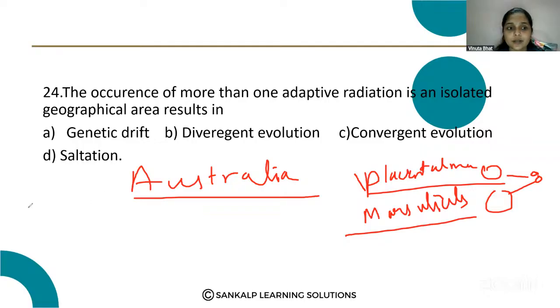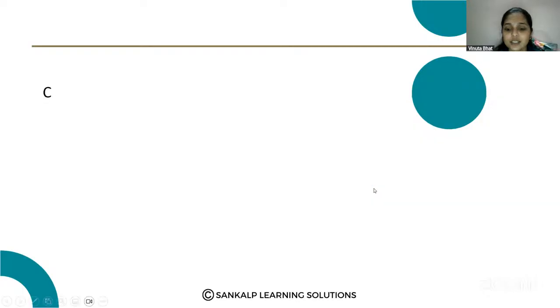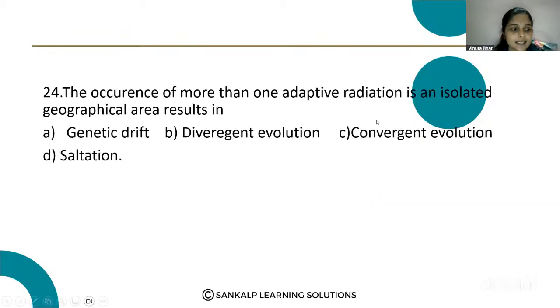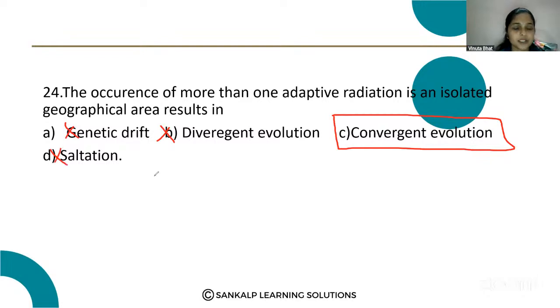That leads to convergent evolution. Option C is the correct answer. Not divergent, genetic drift or saltation. Option C is the correct answer.